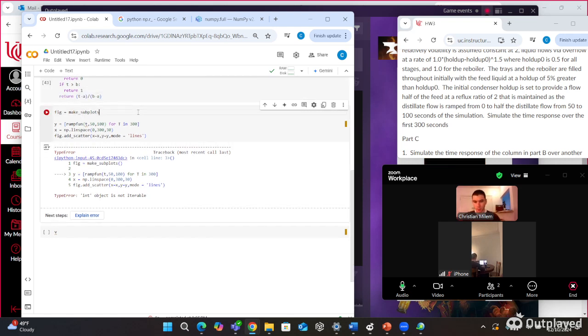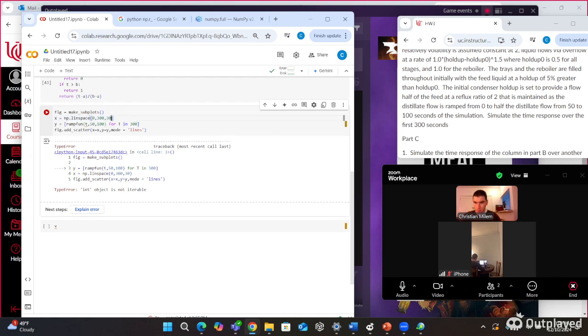So we need to make our subplots. I messed up on the syntax of this. This needs to be up here. So it needs to be iterative. So this shouldn't be capital. And then it needs to go multiple times, not just once. Is that it?